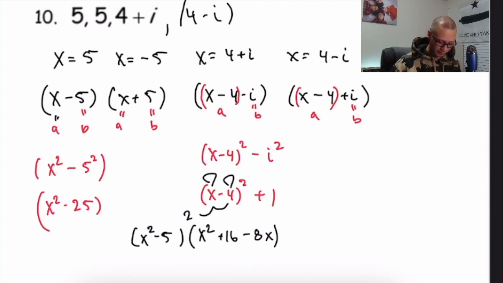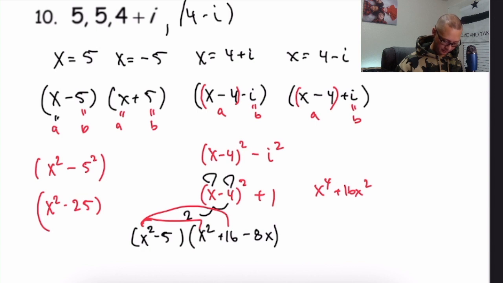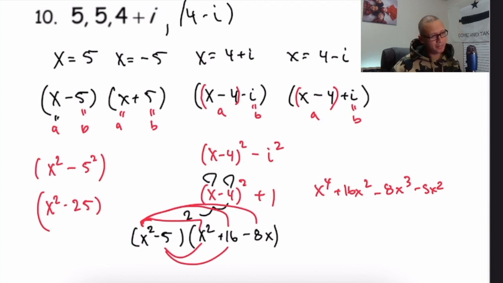Okay, so now there's no trick here. You definitely got to just work this one out. So this is going to be x to the 4th, 16x squared, negative 8x cubed, minus 25x squared. 16 times 25, negative 400x... Okay.